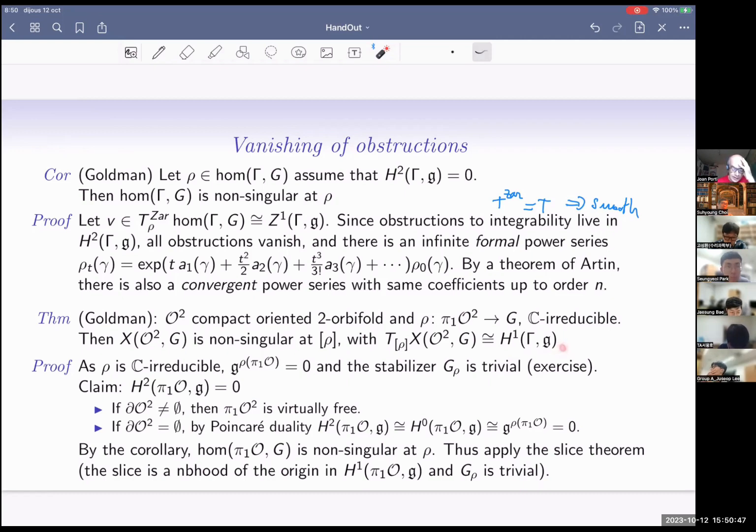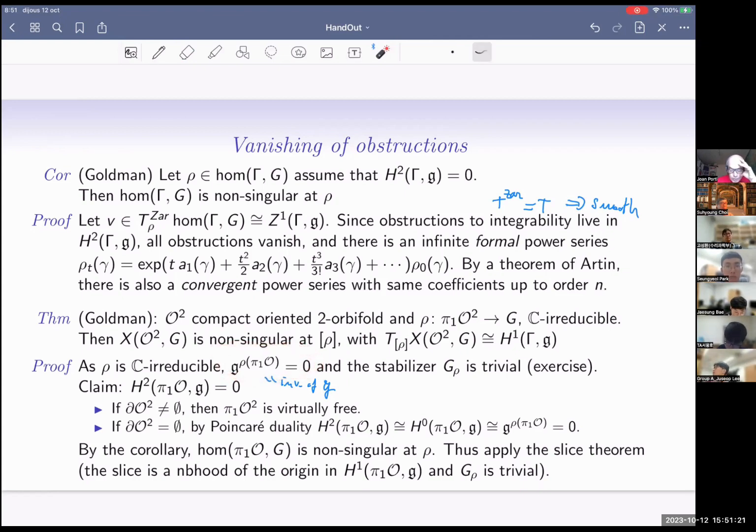So the first thing is that we'll use the previous corollary, of course, because this is why it was here. Since rho is irreducible, you have to prove that the invariants, these are the elements of the Lie algebra which are invariant by the action of the representation, vanish.